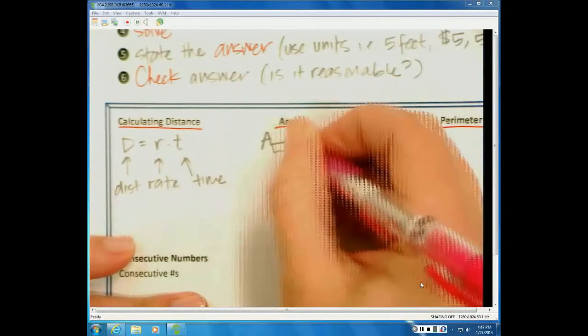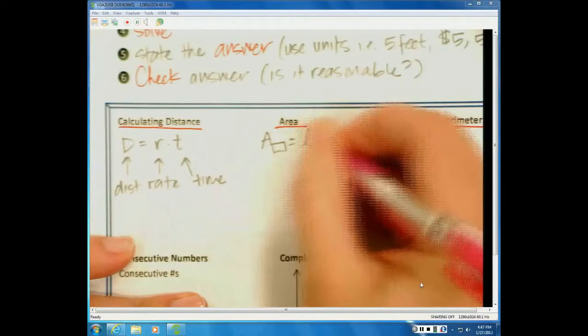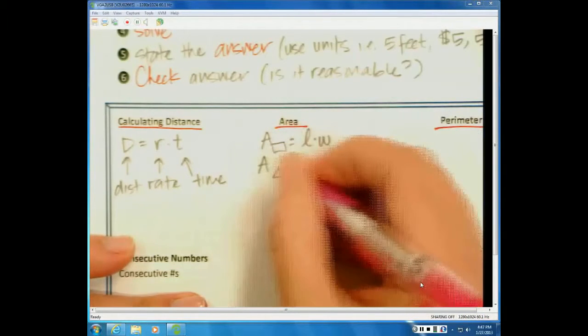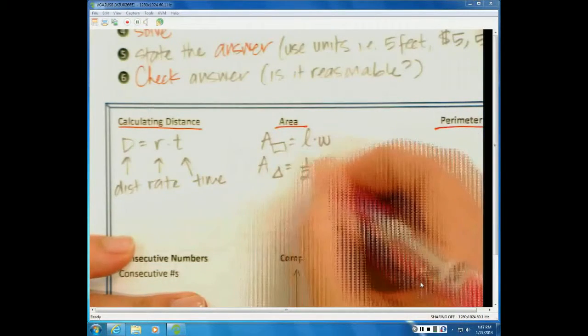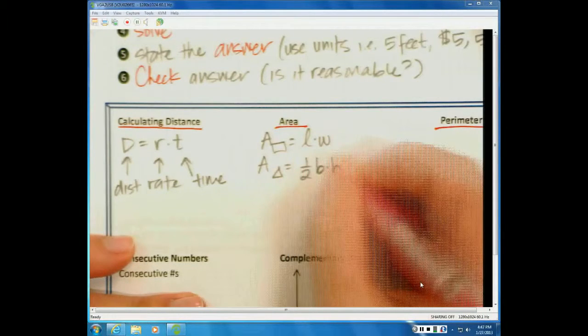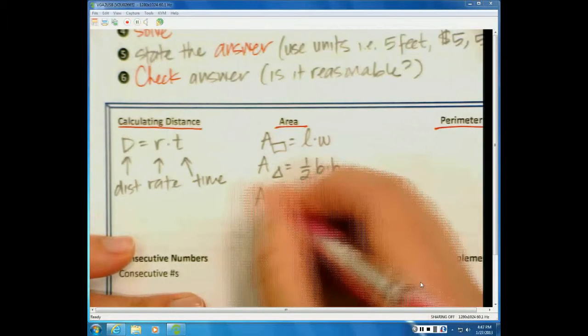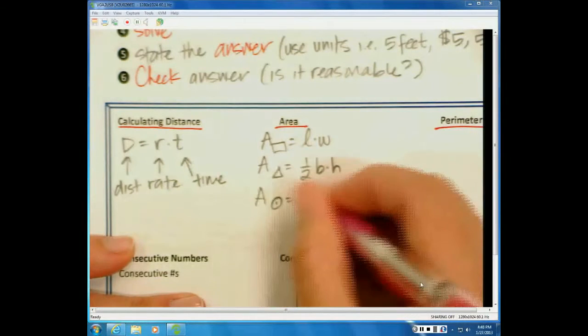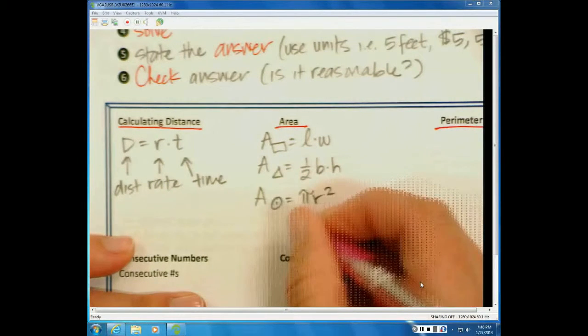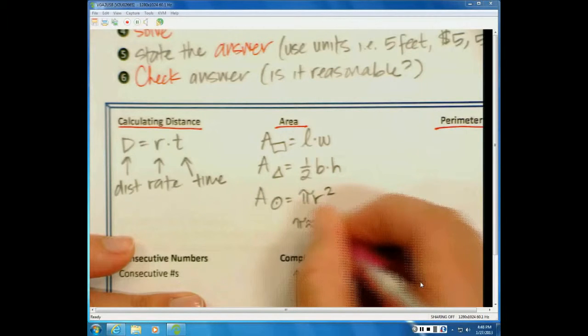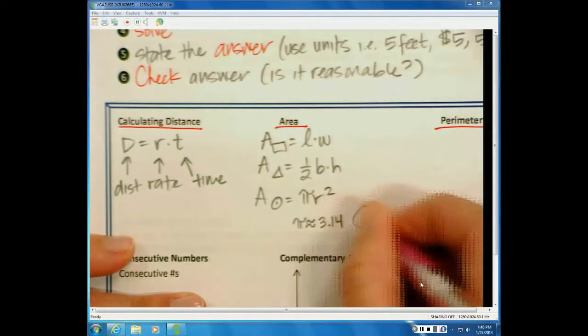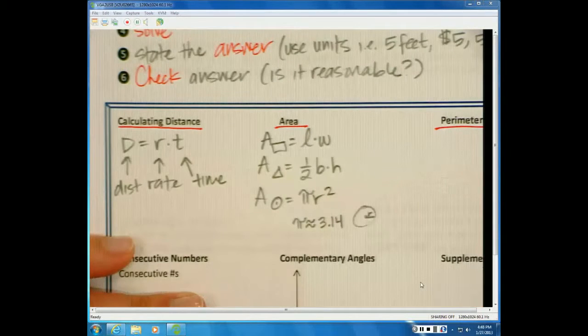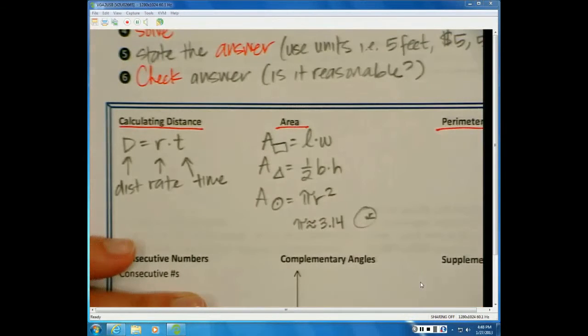Area of a rectangle is length times width. Area of a triangle is 1/2 base times height. Area of a circle is pi r squared, where pi is approximately 3.14, and r is the distance from the center of the circle to the outside.